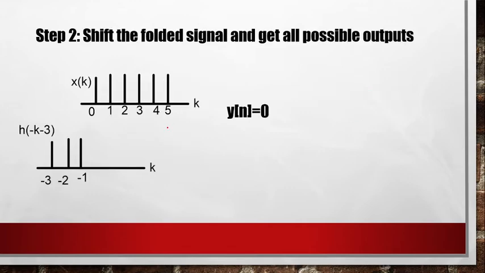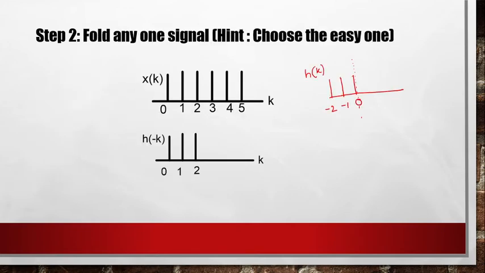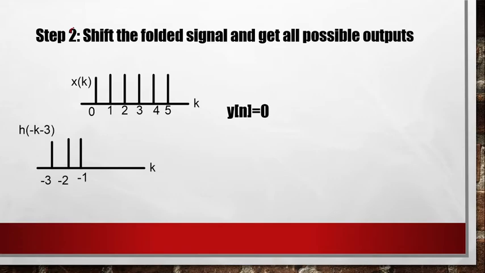The next step, so it should be step 3: shift the folded signal and get all possible outputs. How? My initial signal, now I have to take care of the interaction between the signals. Now how can I get the interaction?